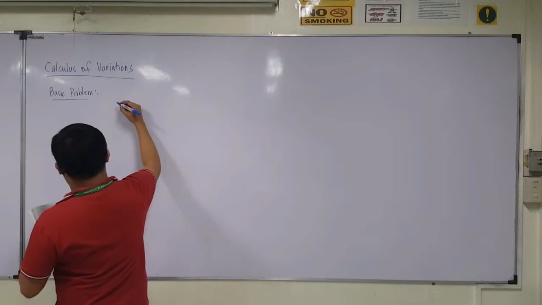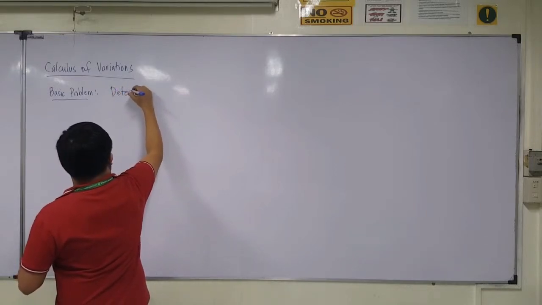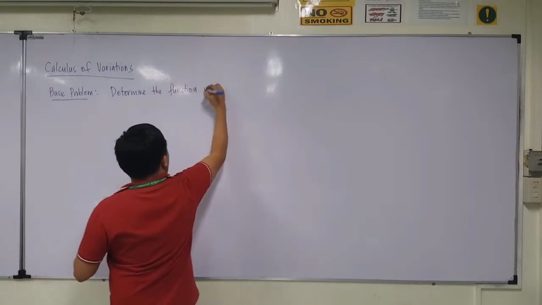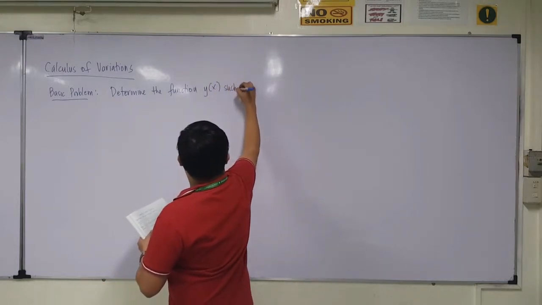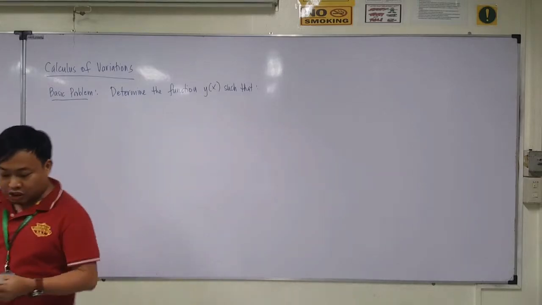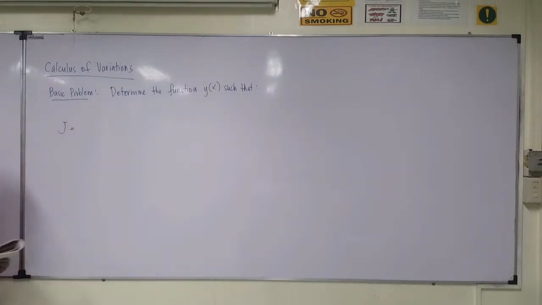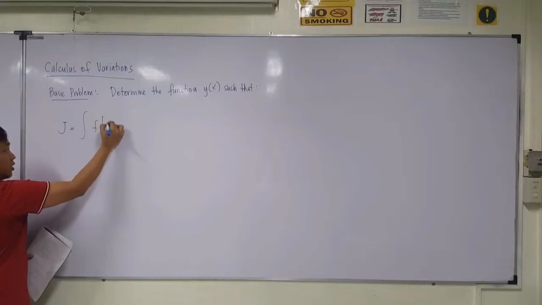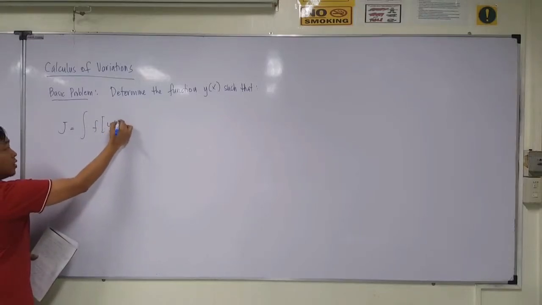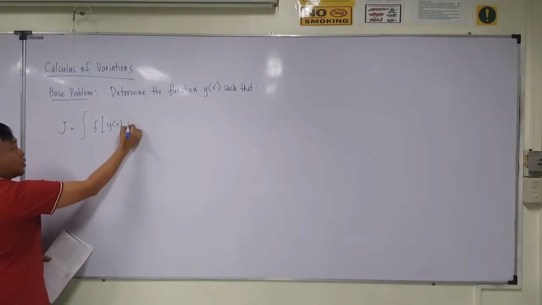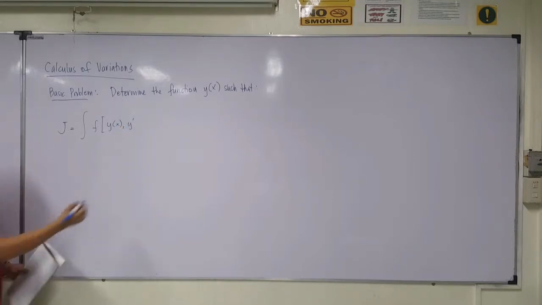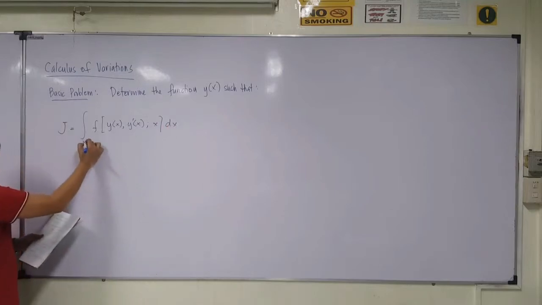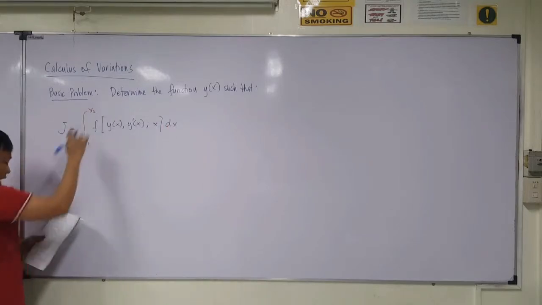So the basic problem for calculus of variations is we should determine the function y of x such that the functional integral J, where J is the integral of the function f as a function of y, which is a function of x, y prime, which is the first derivative of y with respect to x, and x, dx from x1 to x2.